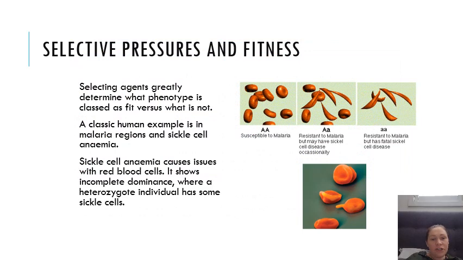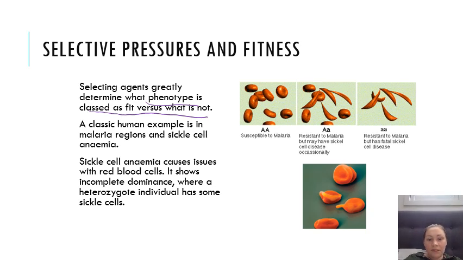Selective pressures and fitness. Selecting agents greatly determine what phenotype is classed as fit versus what is not. A classic human example is malaria regions and sickle cell anemia. Sickle cell anemia causes issues within red blood cells. It shows incomplete dominance, where a heterozygous individual has some sickle cells.